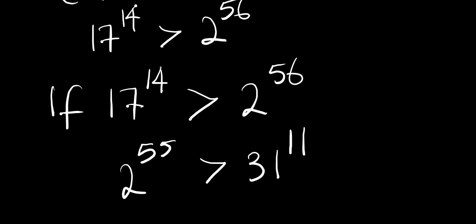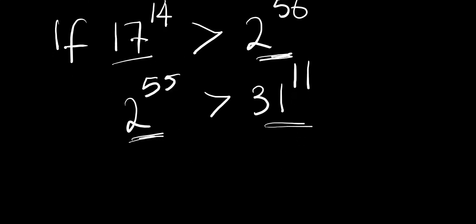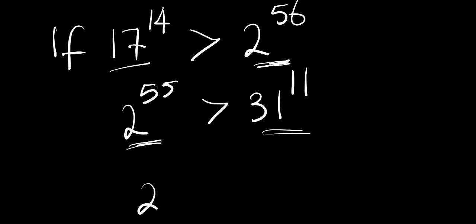Now, look at what we have gotten here. 17 to the power of 14 is greater than 2 to the power of 56, and 2 to the power of 55 is greater than 31 to the power of 11. That means it is obvious that 2 to the power of 56 is greater than 2 to the power of what? 55.